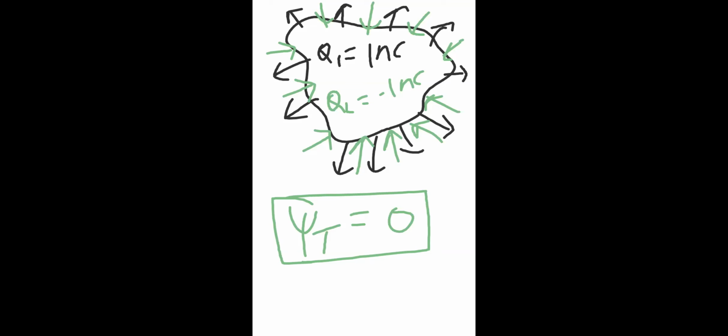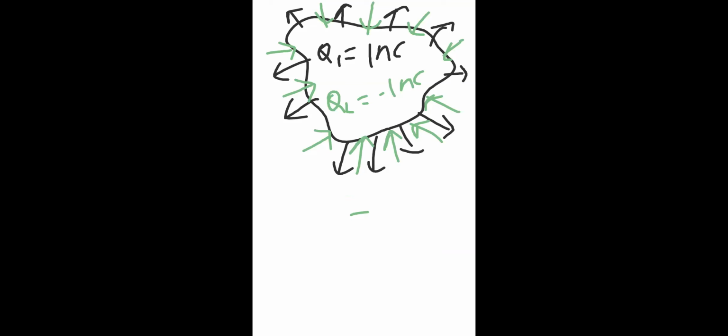Now suppose somebody gives you black as 2 nanocoulomb. The positive charge is 2 nanocoulomb and the negative charge is 1 nanocoulomb negative. What is the total flux that is coming out of the surface? Clearly, the total flux is equal to 1 nanocoulomb.